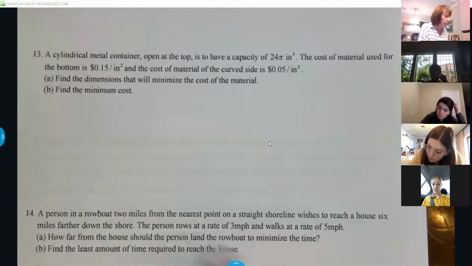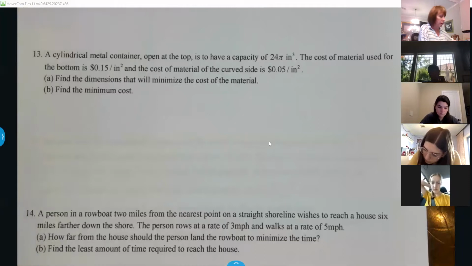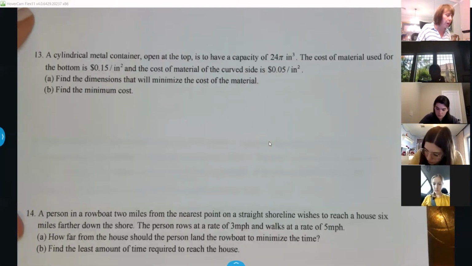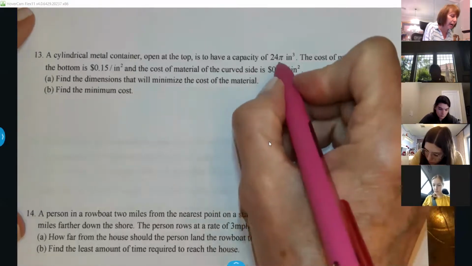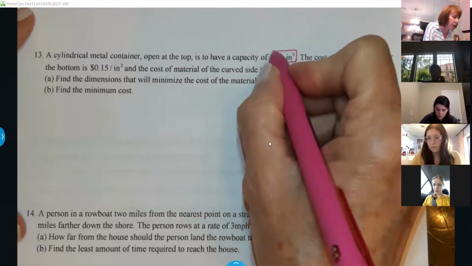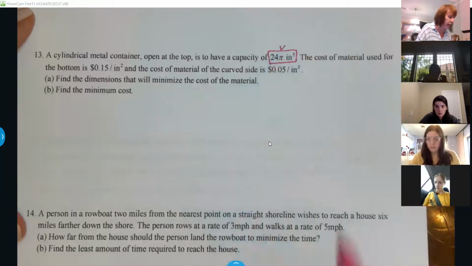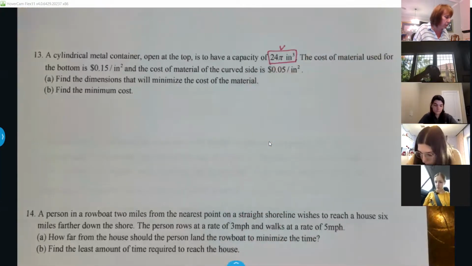It says a cylindrical metal container open at the top is to have a capacity, so that's volume, of 24 pi cubic inches. So that's our volume of the can or the cylinder.